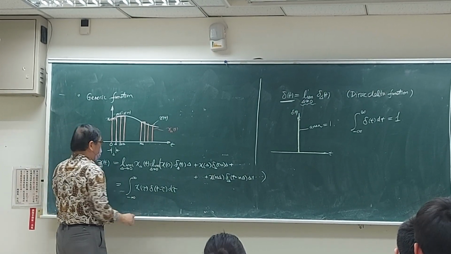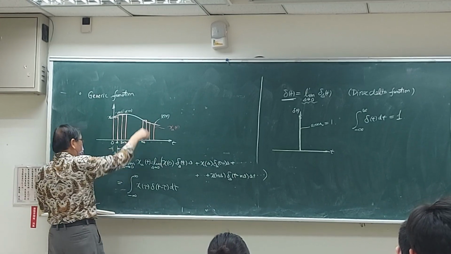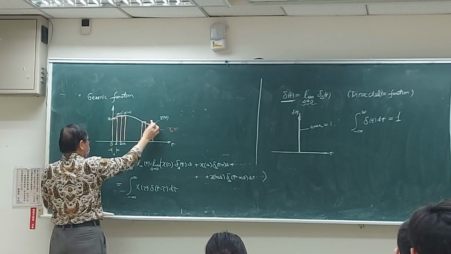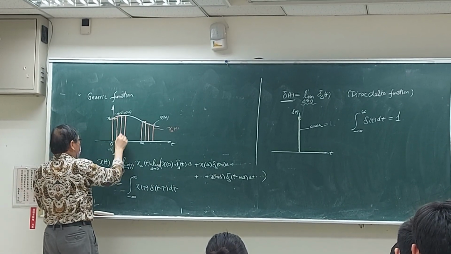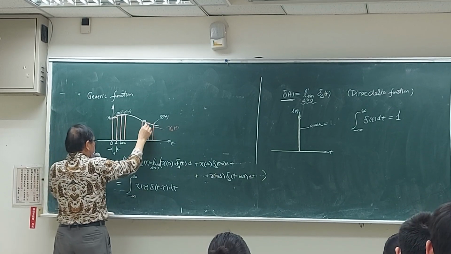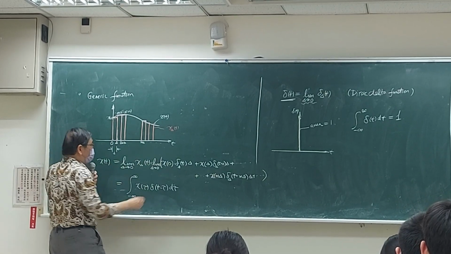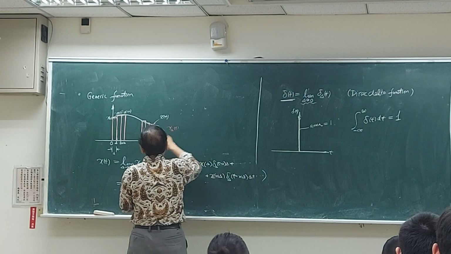Okay, the key point is this: we divide this function x of t into many small strips, the regular strips like this. Okay, for example, the second one.